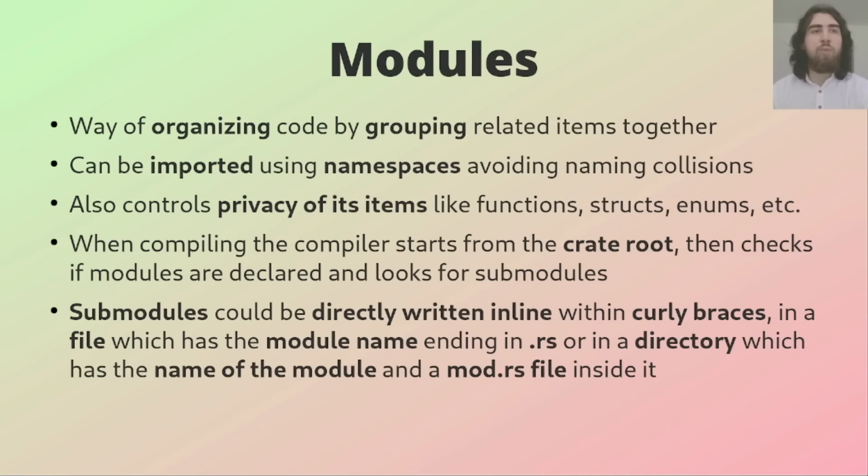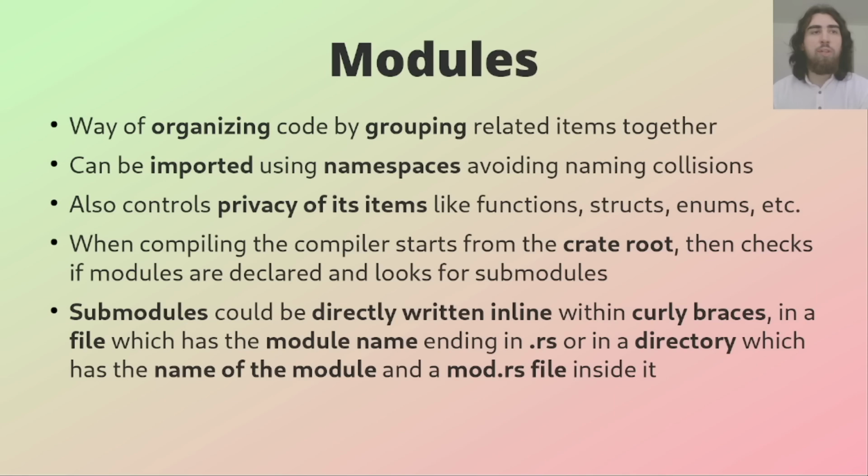When compiling, the compiler starts from the crate root. We have seen in a binary crate this would be in main.rs, and in a library it would be lib.rs. Then it checks if the modules are declared and looks for submodules. Submodules could be directly written inline with curly braces.